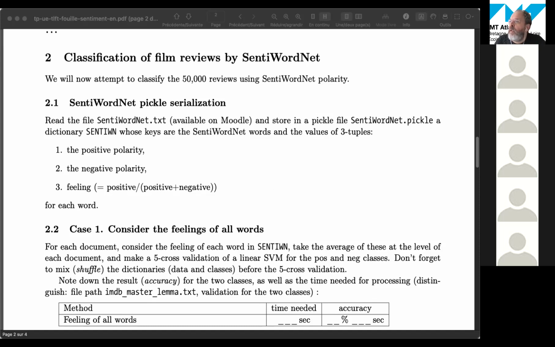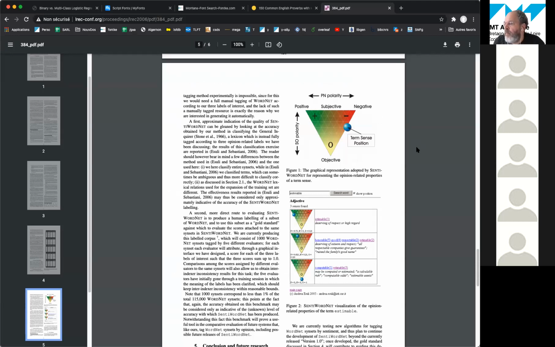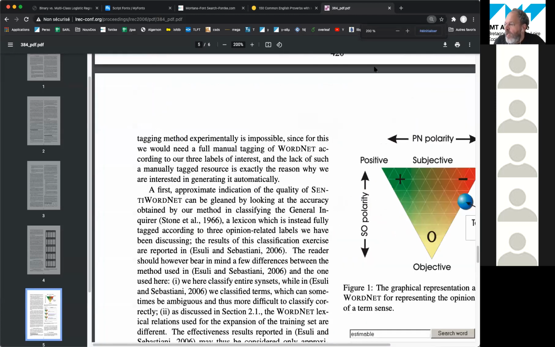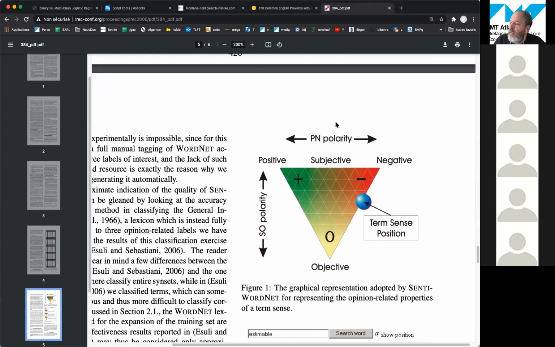So let me change the screen share. Voila. So what you see here is the paper. And they say that we have two axes, but in fact, it's not independent.